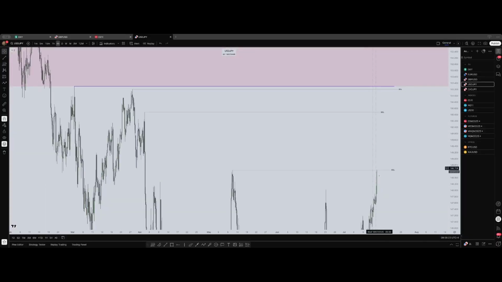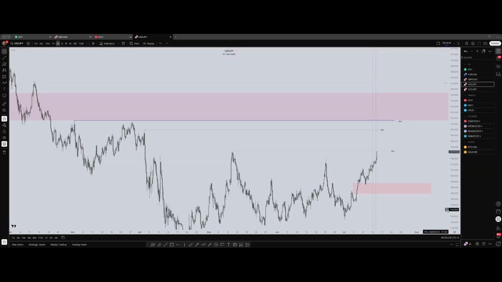So price already took this high. Now we have two equal highs, which is the perfect level we want to see price going higher.